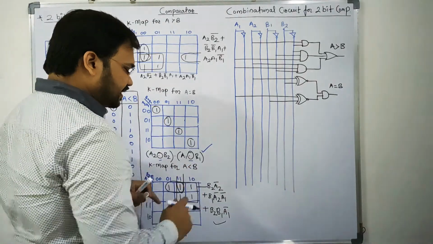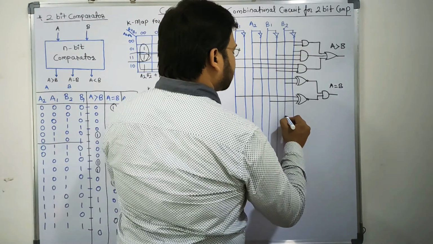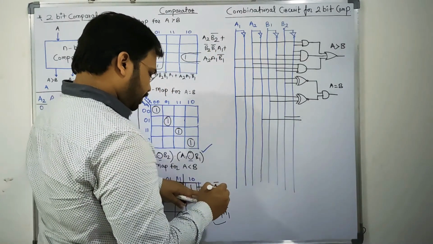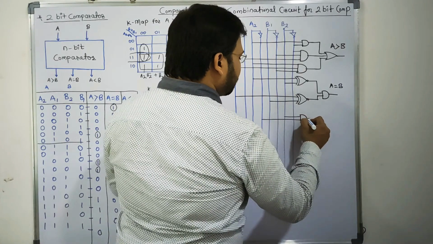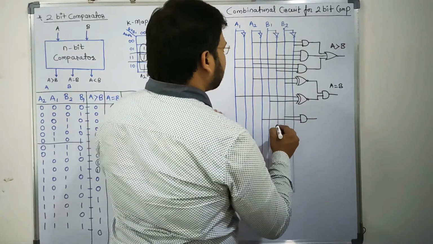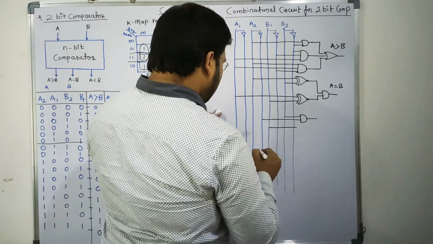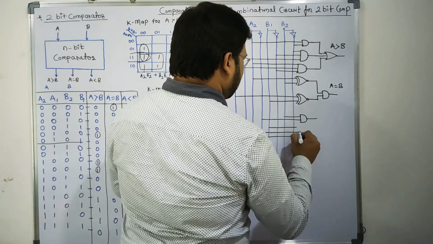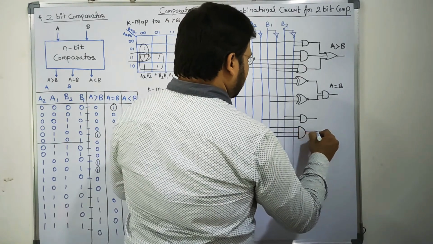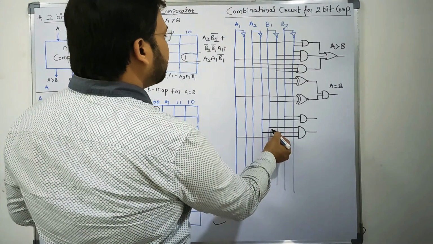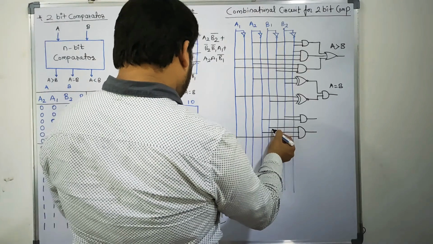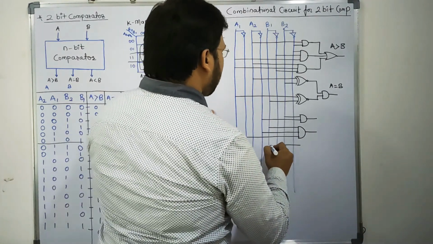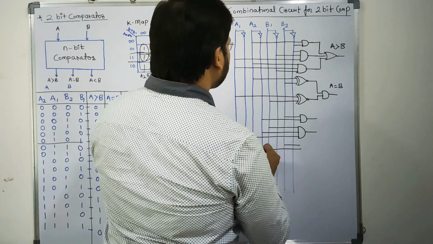Next, for A is less than B, here B2 A2 bar, which gets connected to one of the AND gates. Next B1 A2 bar A1 bar, and next your B2 B1 and A1 bar.